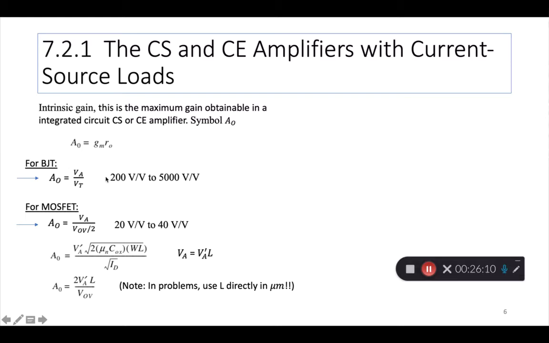So VA, for example, the early voltage VA is fixed for a BJT technology, and same thing for a MOSFET technology. VT, the thermal voltage, for a BJT is about 25 millivolts, that's fixed.